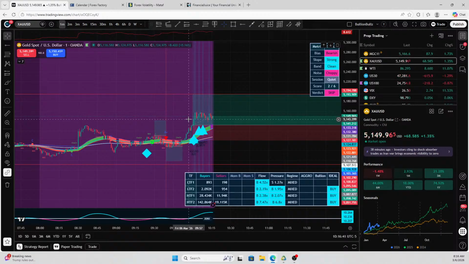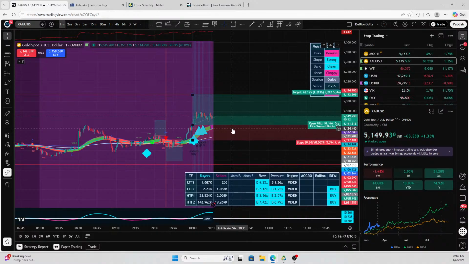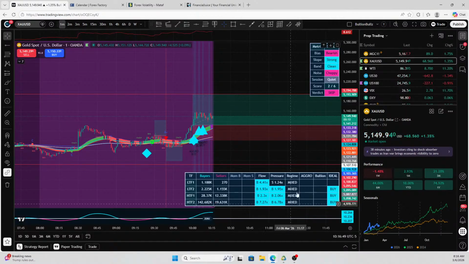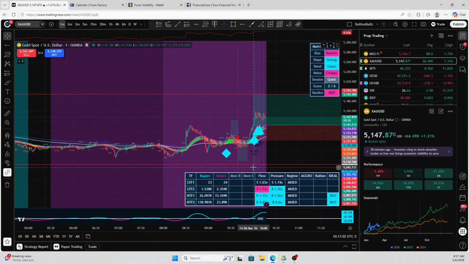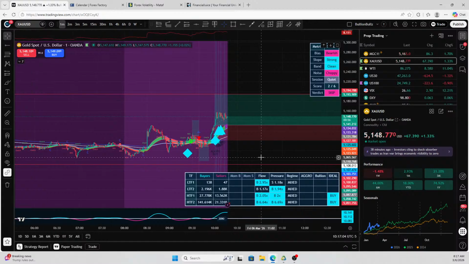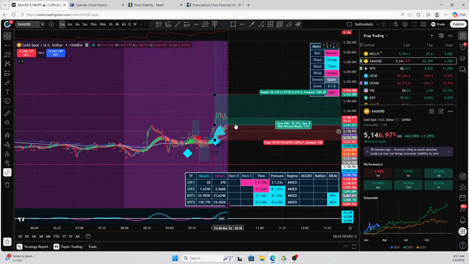This Bullion Bulls trading system is my strategy that I've been using for almost a year now, and we have combined it with volume: the number of buyers and number of sellers in the market. This helps us ensure that when we take our trade, our direction is aligned with the overall trend. We can see where the buyers and sellers are, and based on that we're able to take advantage of the markets.